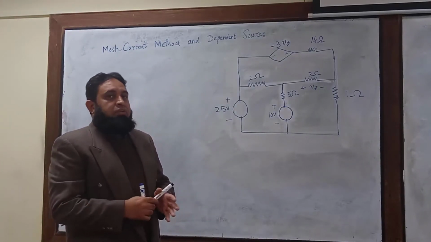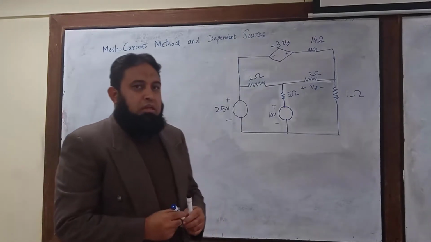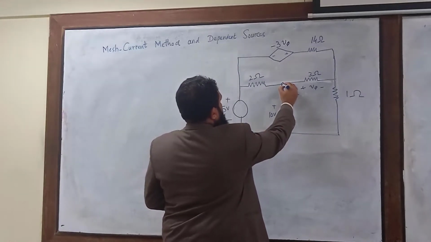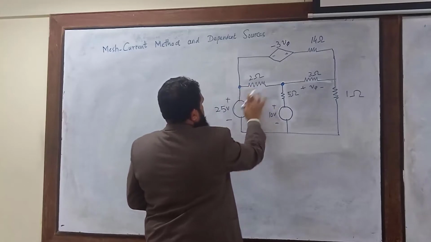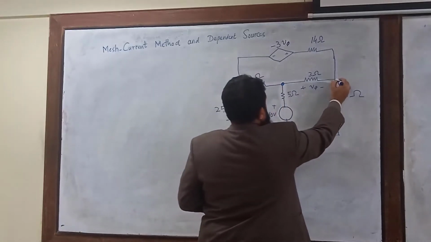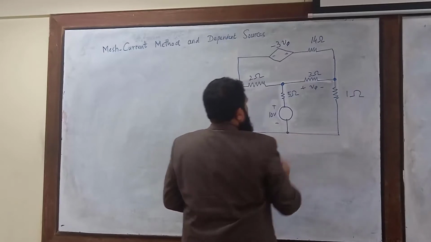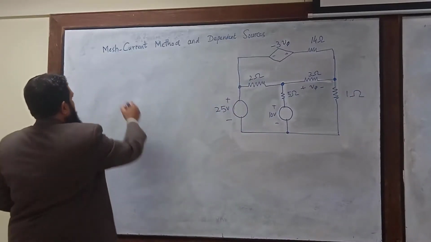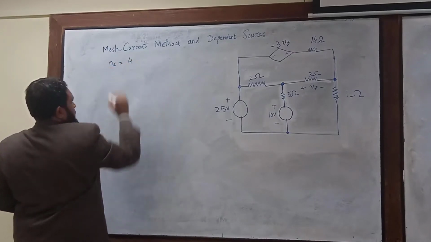We start by labeling the essential nodes. You see here we have an essential node, because more than 3 circuit elements are attached, and so the number of essential nodes in this circuit is 4.